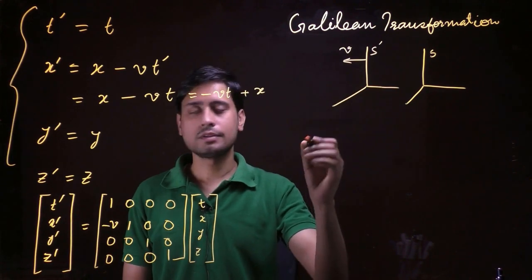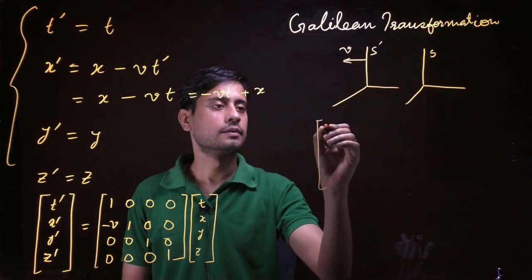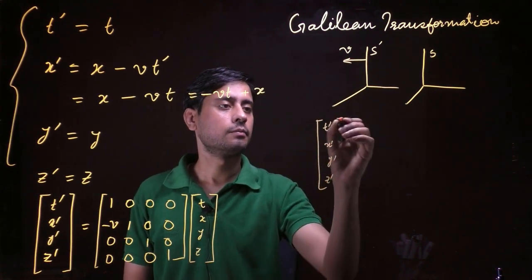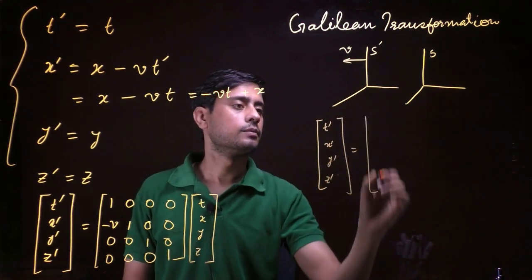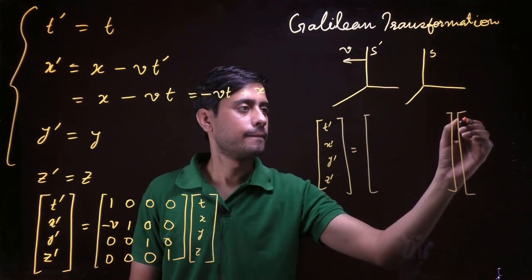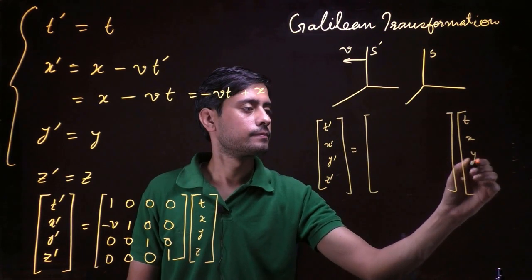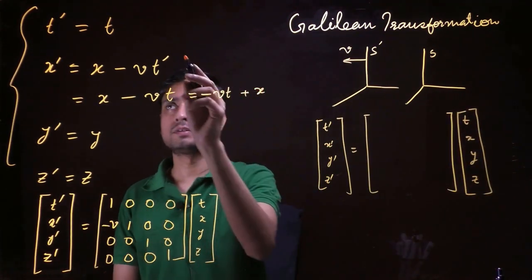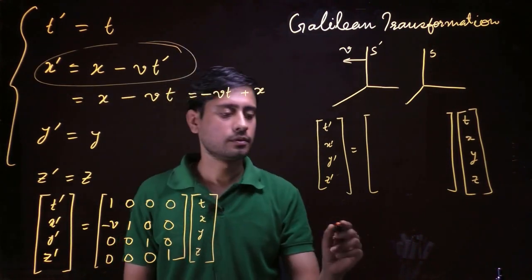So the equations will change like this: t prime, x prime, y prime and z prime will be equal to, the only change here will be in this equation.